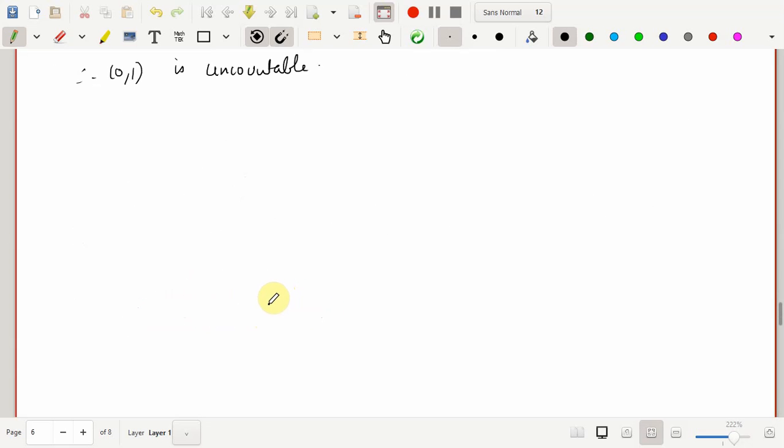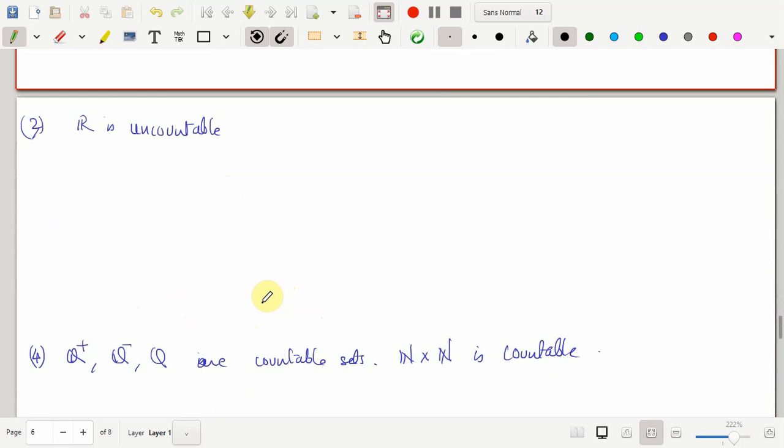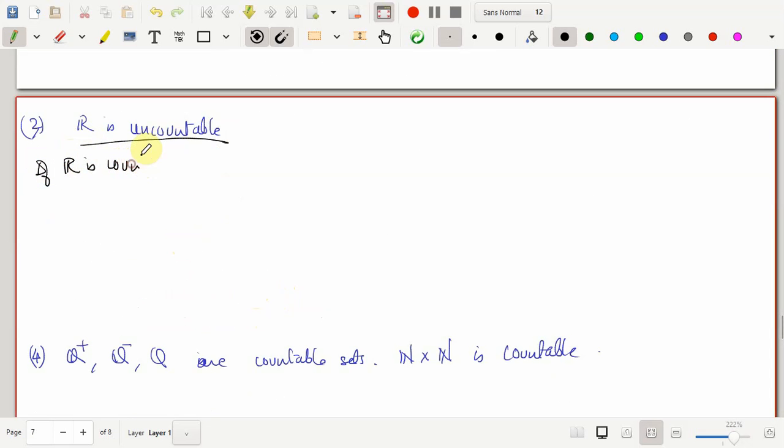So our next standard exercise is actually dependent on this. We say that the set R is uncountable. Okay, so the proof is also with the help of contradiction. If I say that R is countable, then we can produce a map from (0,1) to R which is injective.